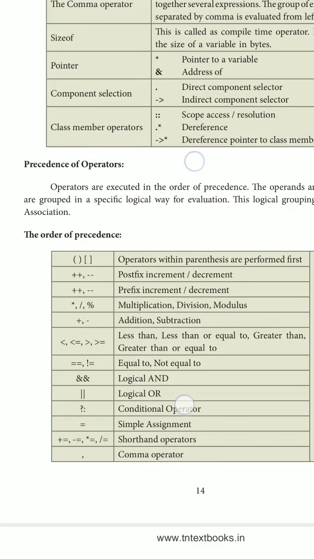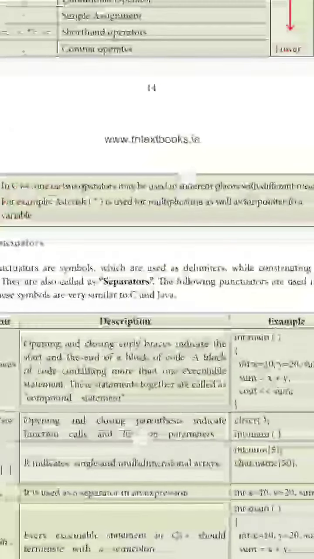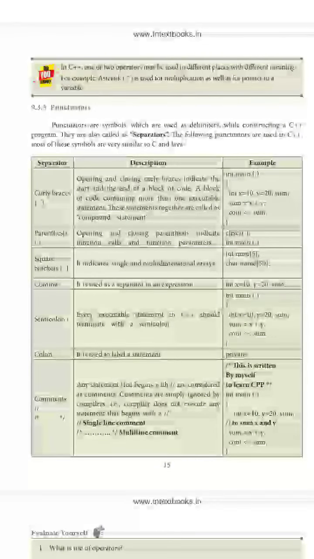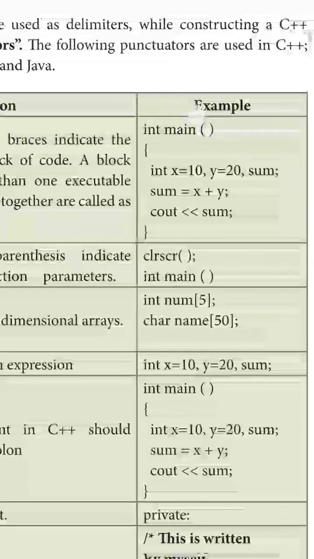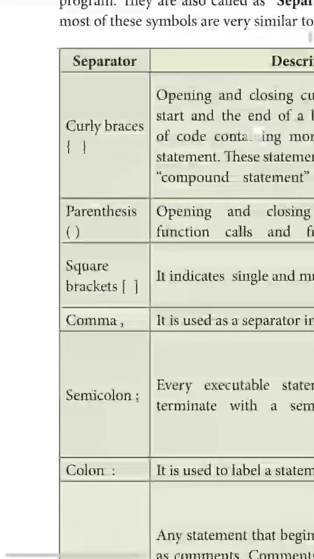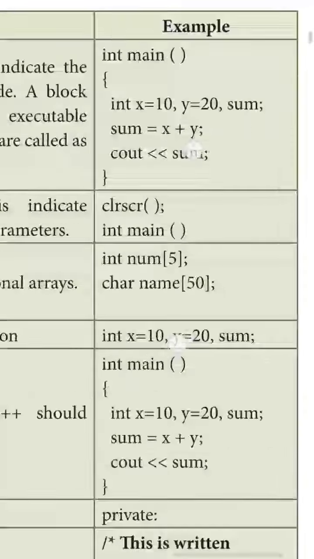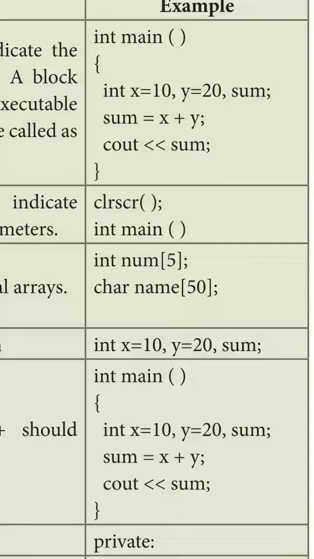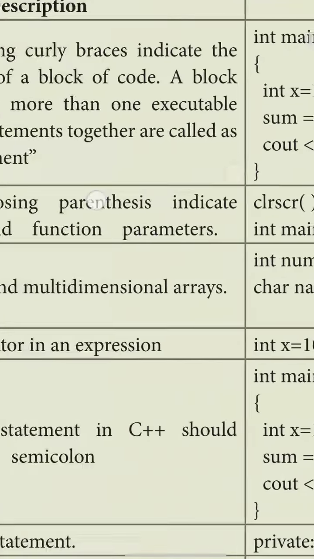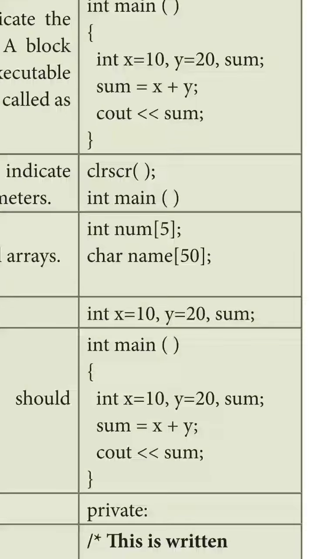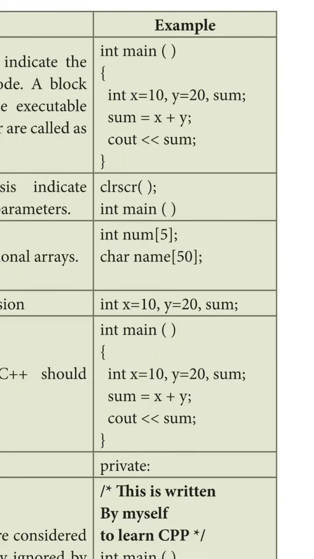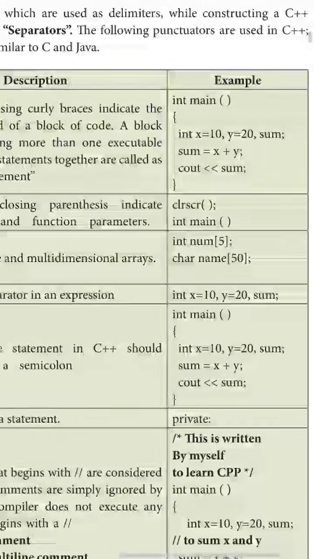Okay, so next is punctuations. Here you can see that the curly brackets are used to create a block of statements, and to denote functions. The parenthesis, normal brackets, are used for functions, and square brackets are used to denote arrays, matrices and multidimensional arrays.